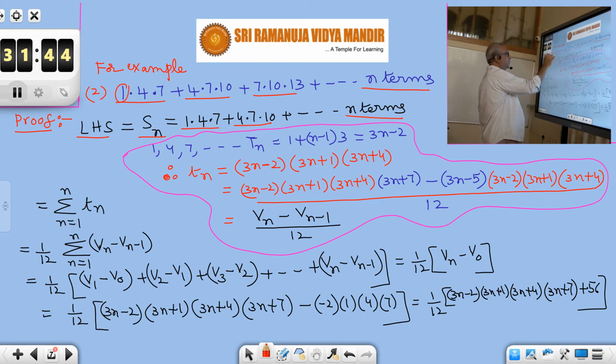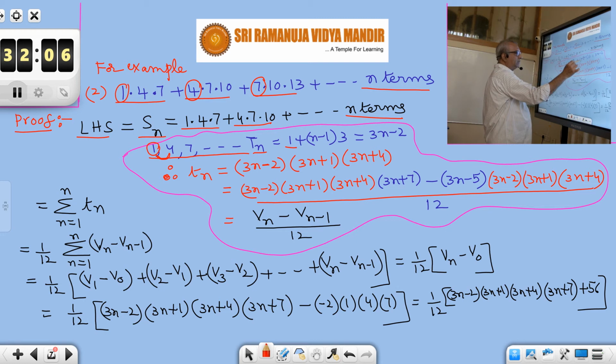The first factors 1, 4, 7, these are the first factors. So, I consider the first factors 1, 4, 7, etc. They are clearly in AP. So, what is the nth term of this AP? a is 1 and common difference is 3.